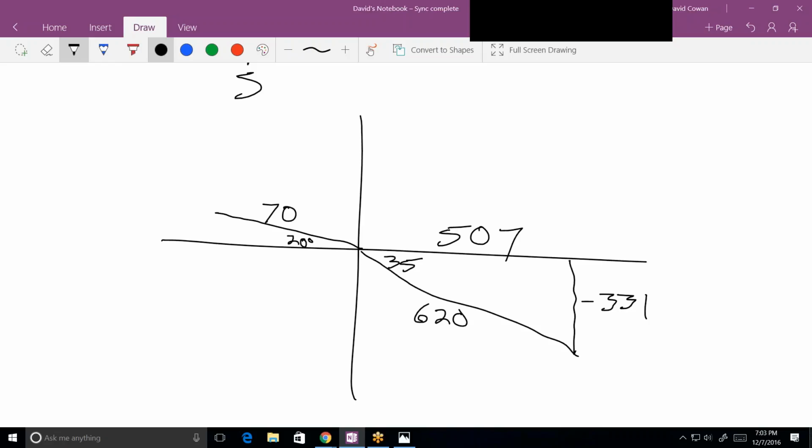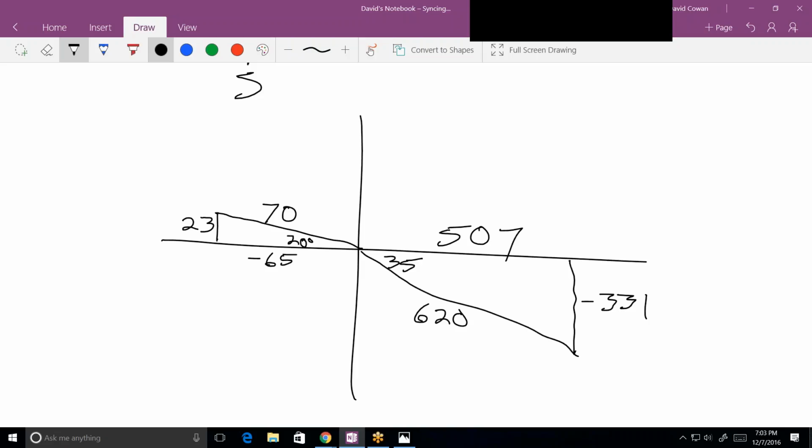We're going to combine these two vectors, so I need to break the wind up into its components. And you did that. What'd you get? The horizontal component was the sine of 20 times 70. Yeah, it's negative 65. And the vertical component? 23.